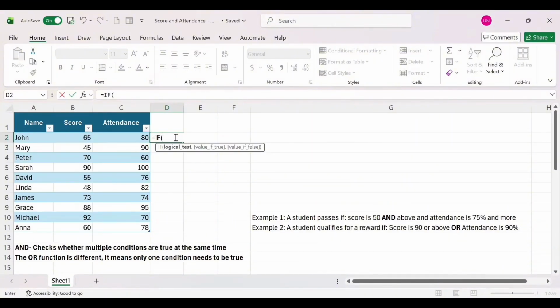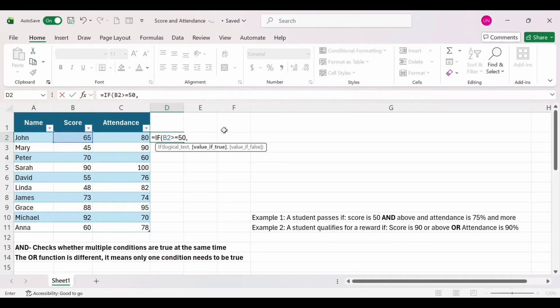So IF B2, immediately I typed B2, you see that it highlighted this cell. If B2 is greater or equal to 50 here, then we are not going to close it. We're just going to put a comma because we still want to continue our logic test. I know it's showing value if true, but we're going to put it in brackets.